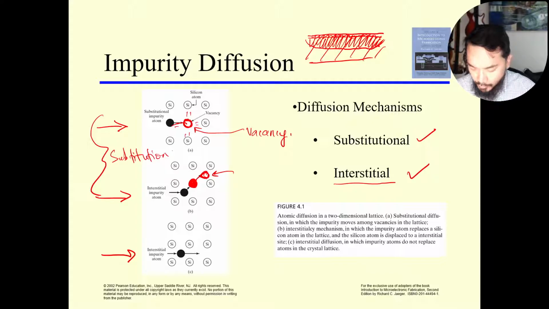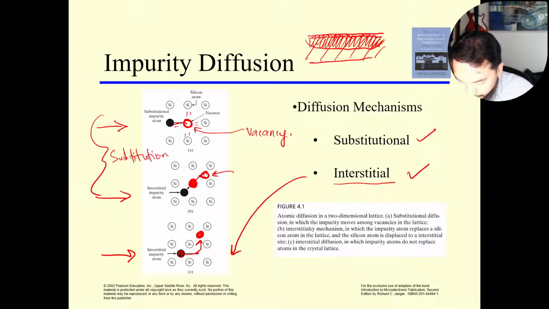Interstitial is when your impurity atom, during diffusion, is absorbed by the wafer and resides in an area or volume in between the silicon atoms. It will not be located in the lattice site, but somewhere in between. So it can just move around somewhere in between, depending on where it wants to move. This is what we call interstitial diffusion.